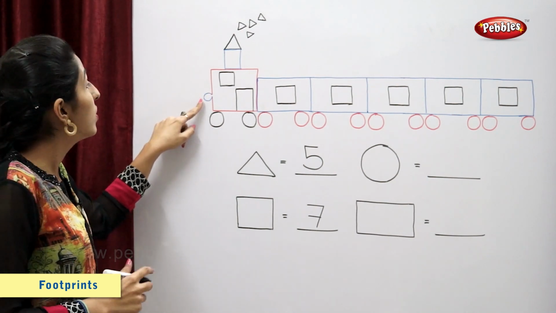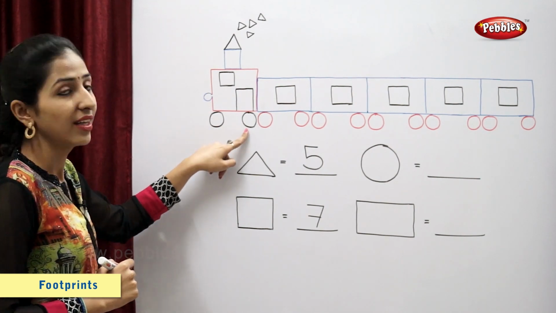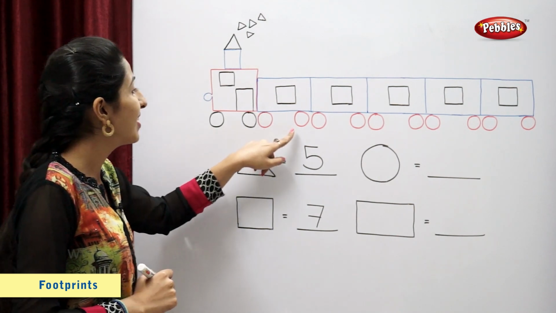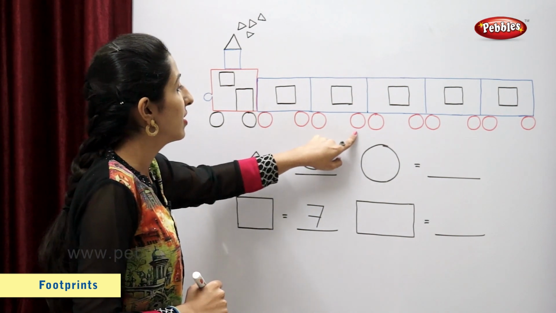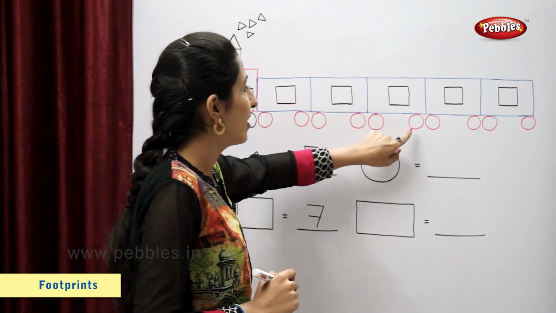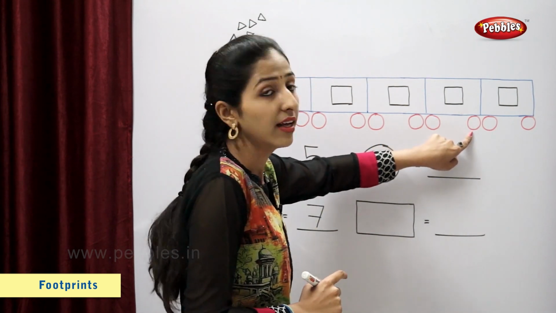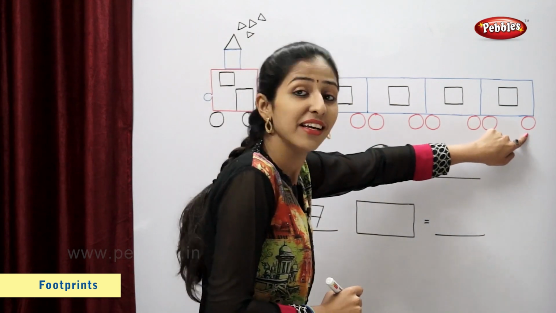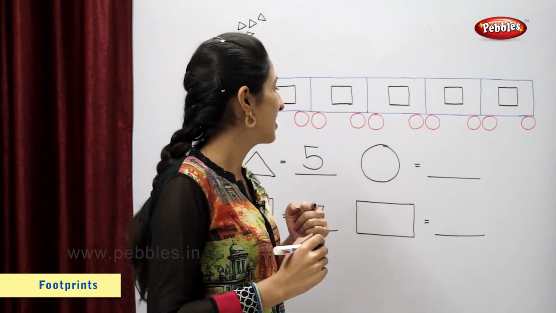Small circle. 1, 2, 3, 4, 5, 6, 7, 8, 9, 10, 11, 12 and 13. So, there are 13 circles.